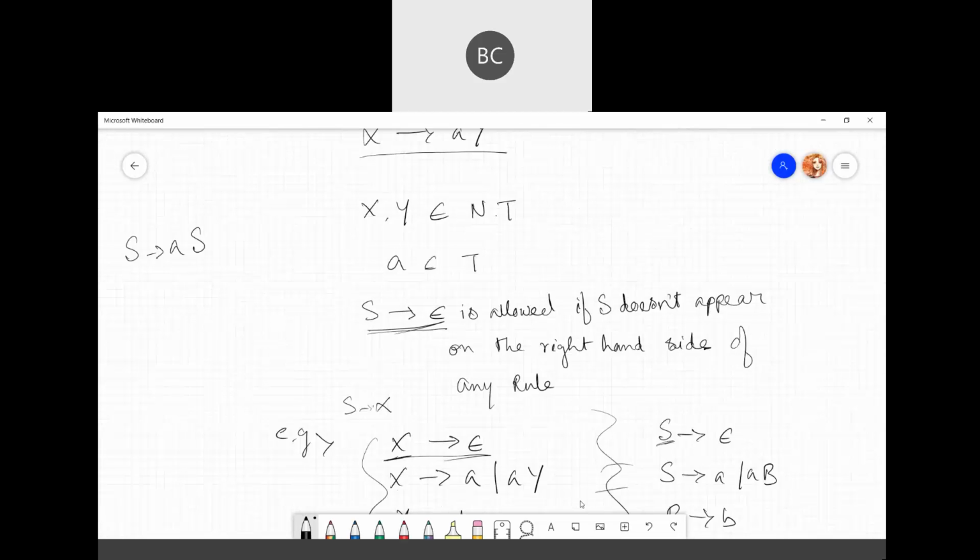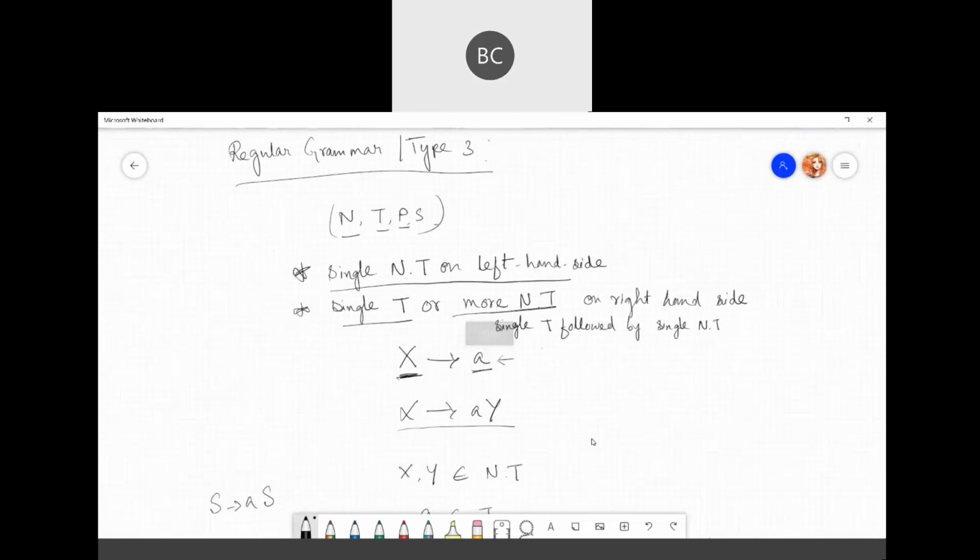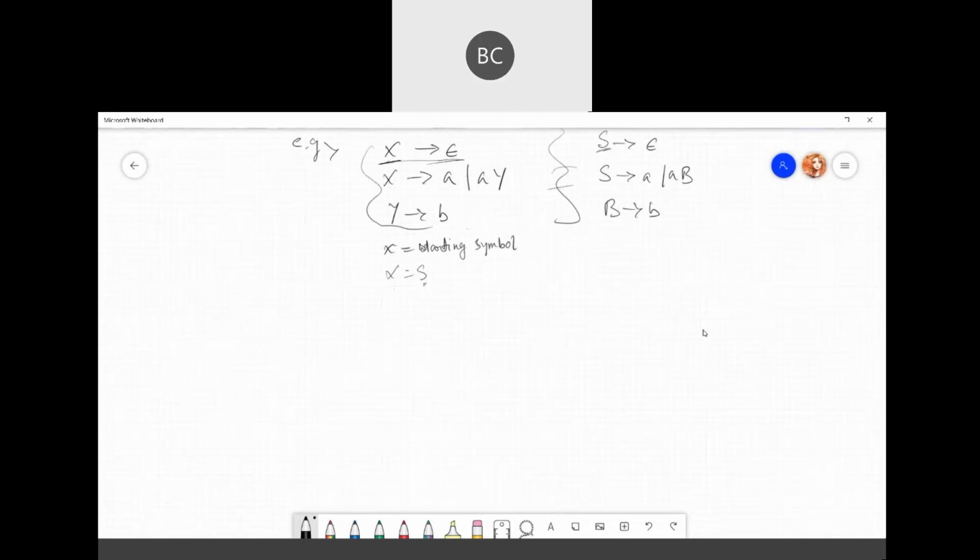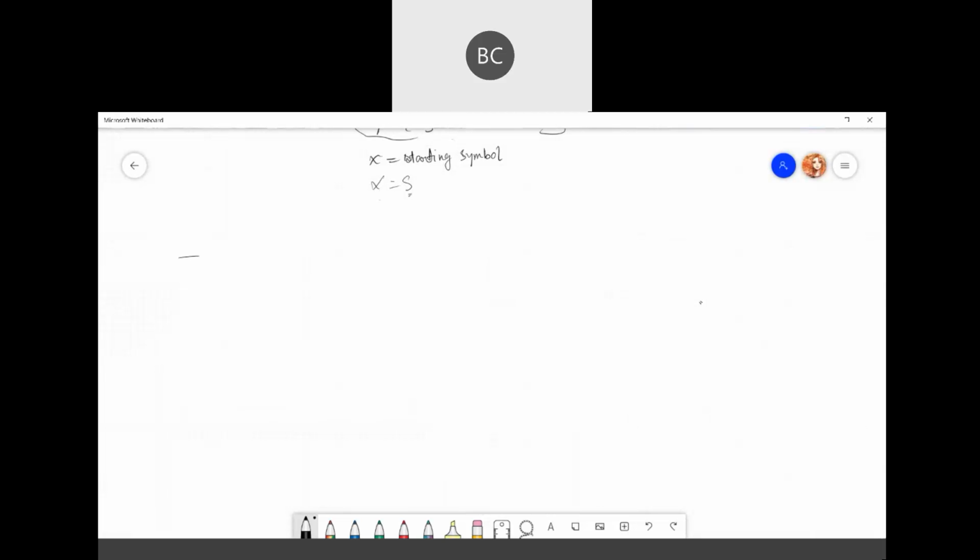Okay, so this is the rule for type 3. Similarly, we have a structure for type 2 grammar. Type 2 grammar we will mainly learn when we go to pushdown automaton. Type 2 or context free. Here the formation of production must be A to y.